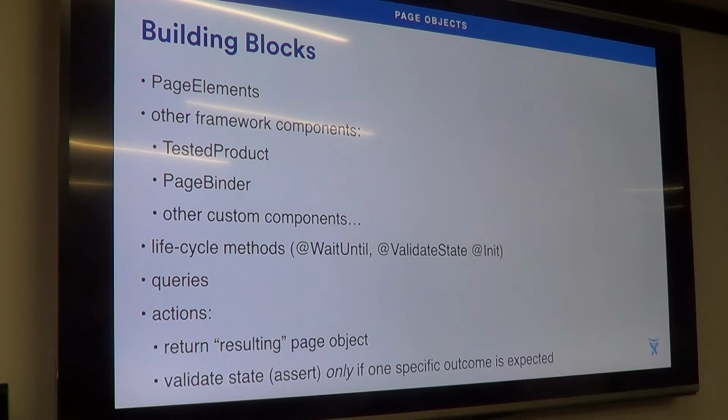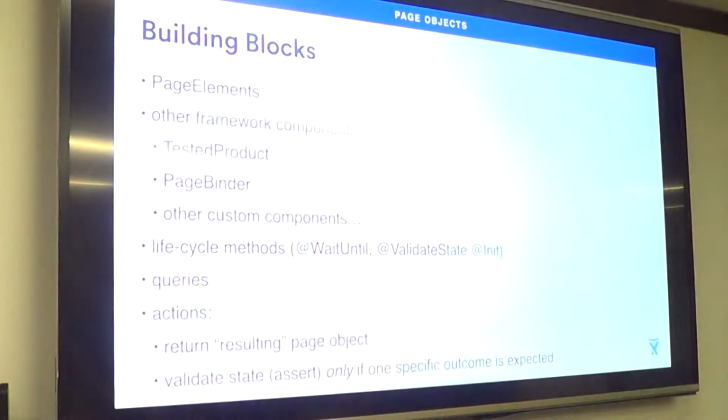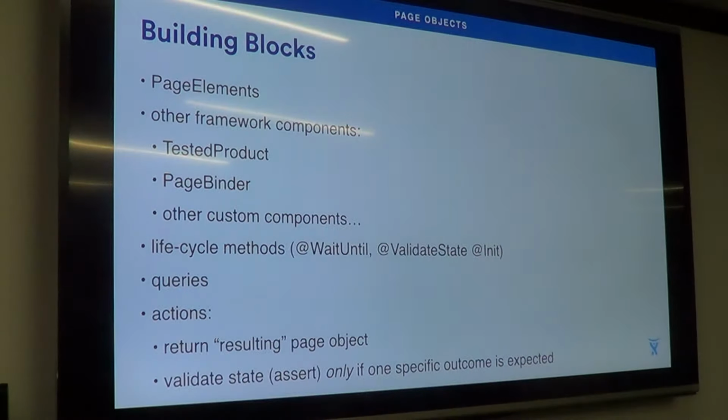And then you have other framework components. The two main ones I talked about are tested product and page binder. You will often need both of them, or mostly page binder, in your page objects to do stuff. There are also other framework components that are available in Atlassian Selenium out of the box, which I'm going to cover maybe during the workshop or during the first example I'm going to show.